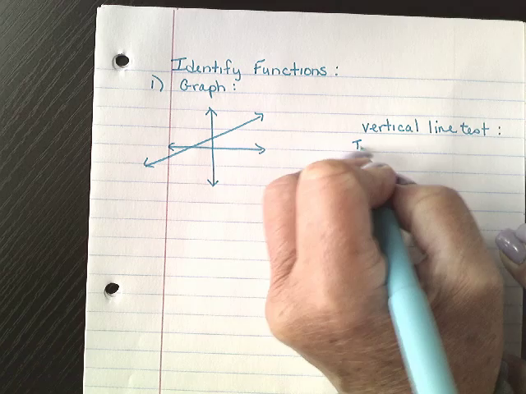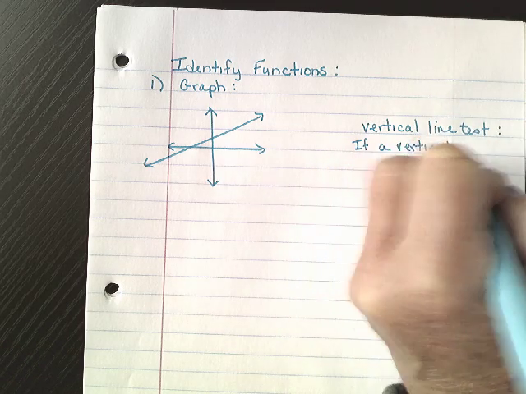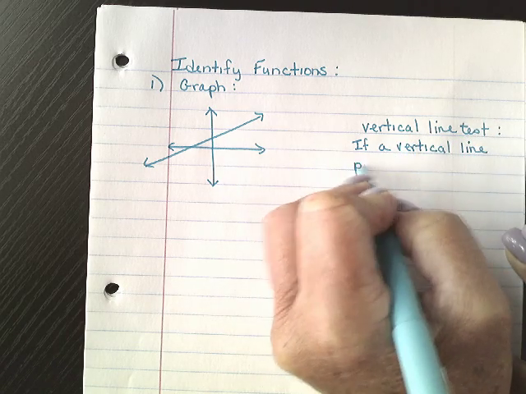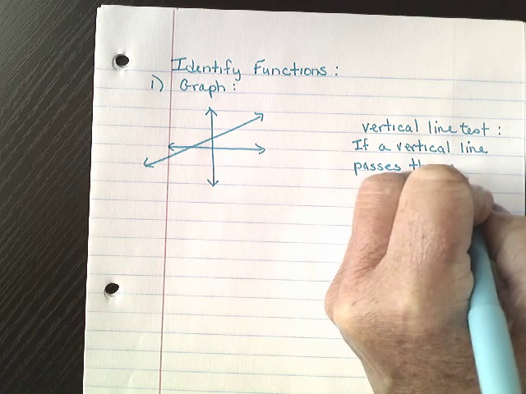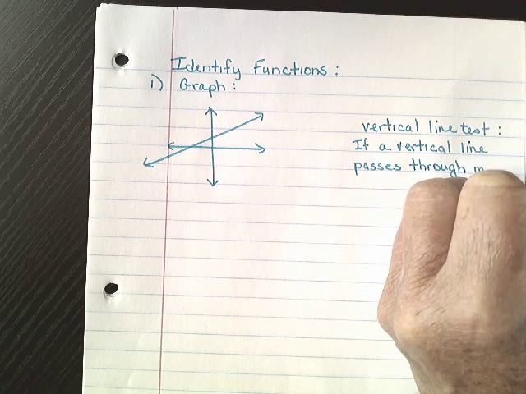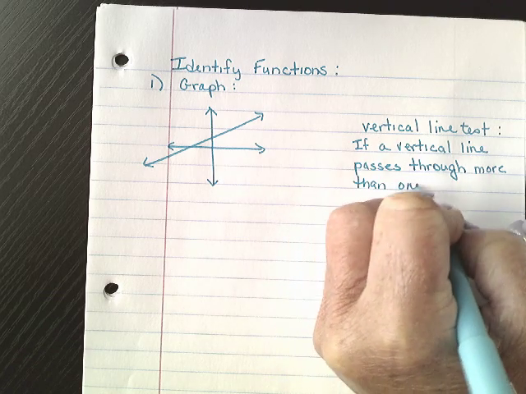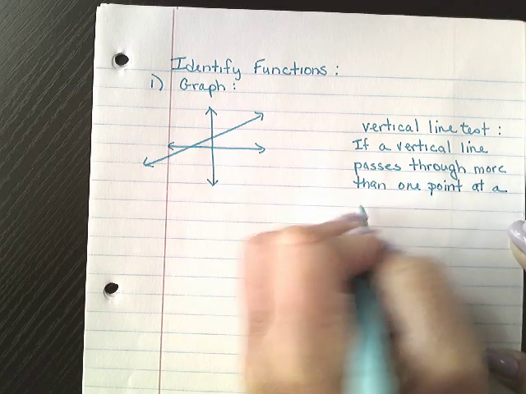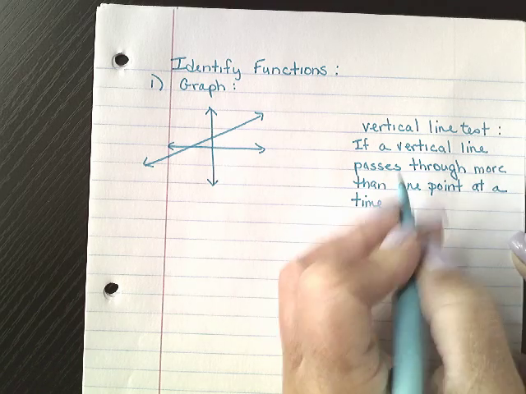So if a vertical line passes through more than 1 point at a time, then it is not a function.